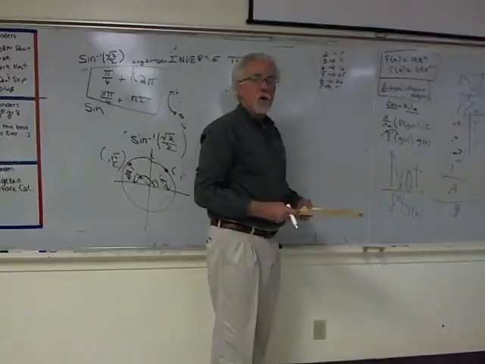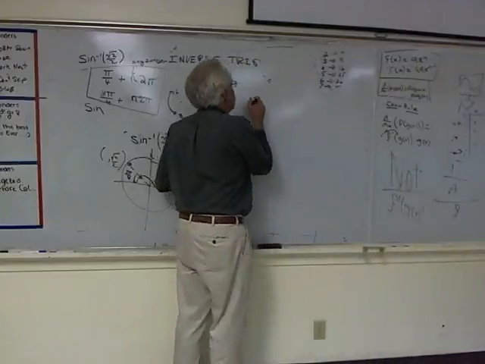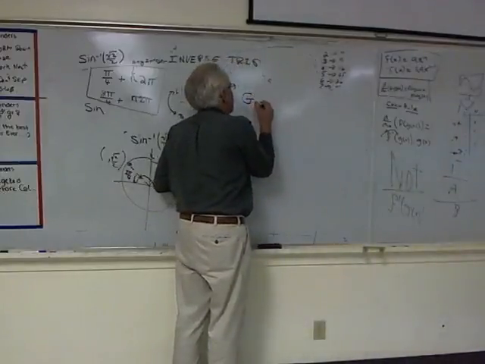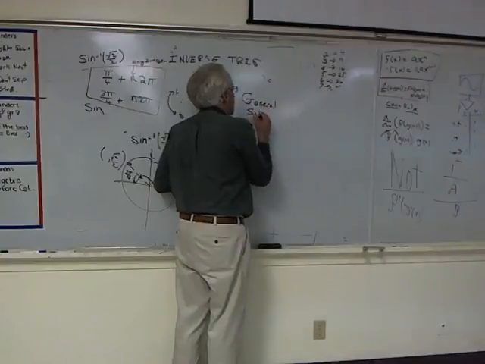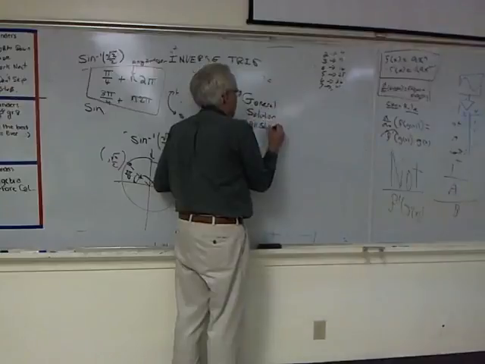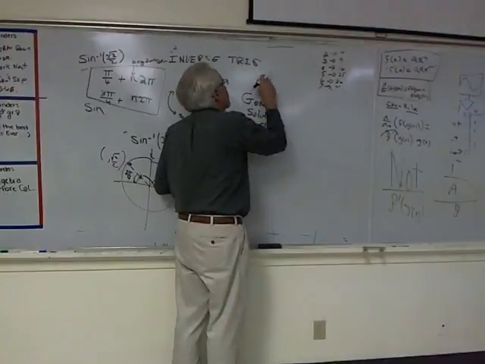Now, where would another solution be? We could add how much to this and get another set of solutions? Plus 2 pi, right? Because if we repeat, I'm going to have a solution here and here.